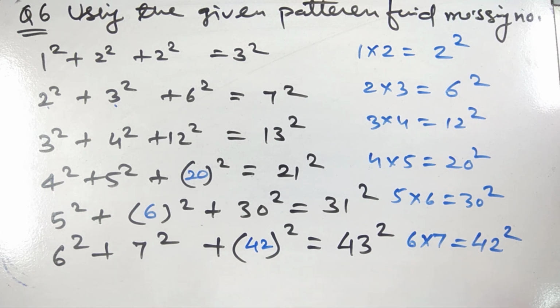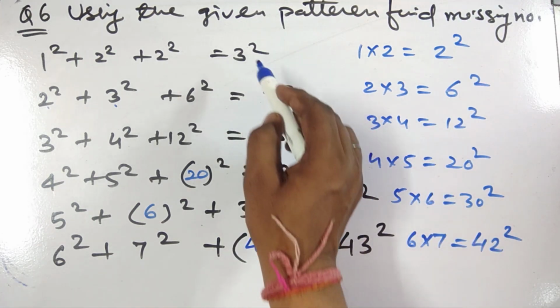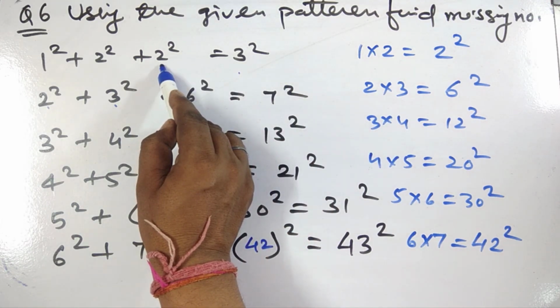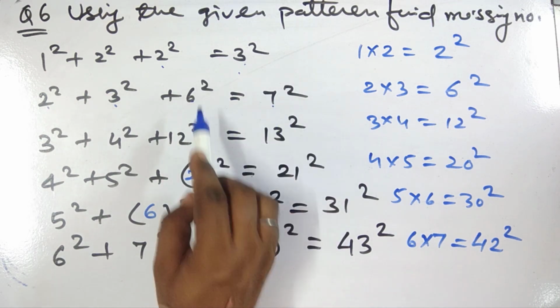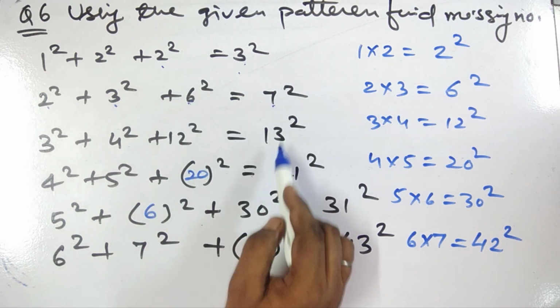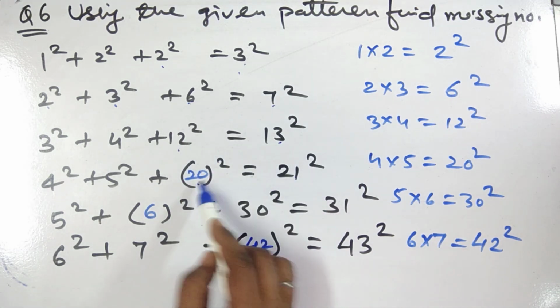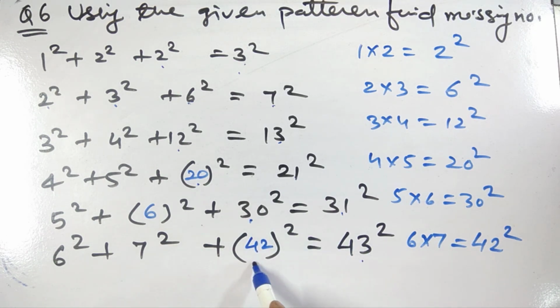Students, what about the right side? The first is 3 square, always greater than the third by 1. 6 and 7 square: 7 square is greater by 1. 13 is greater by 1. 21 is greater by 1. 31 is greater by 1. 43 and 42.